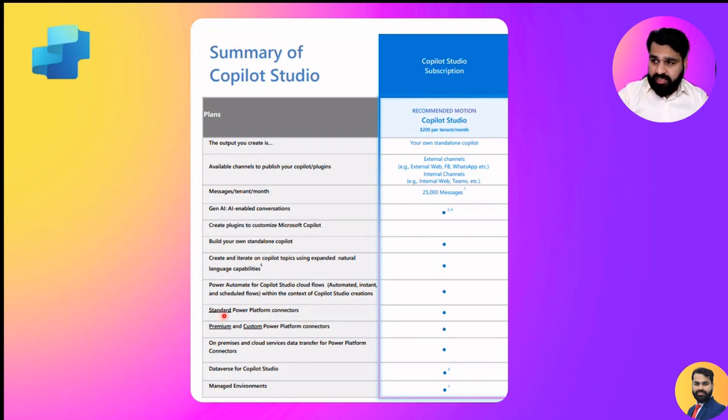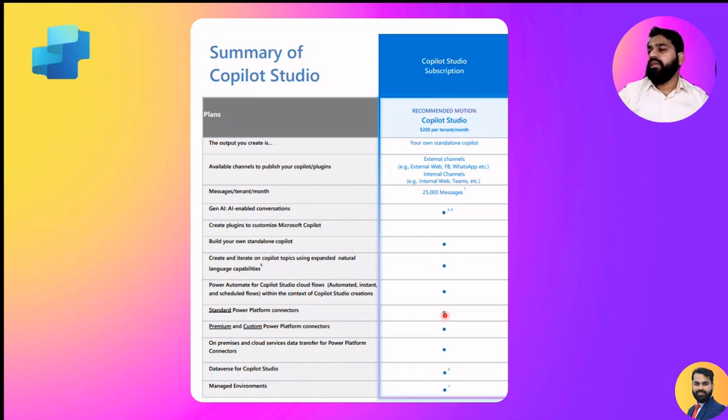They will be able to use standard connectors and premium connectors also in this particular case. Any of the Power Automate flows which have a Copilot Studio trigger also do not need a Power Automate premium license. Okay, this is the same story as for the Power Apps triggered Power Automate.